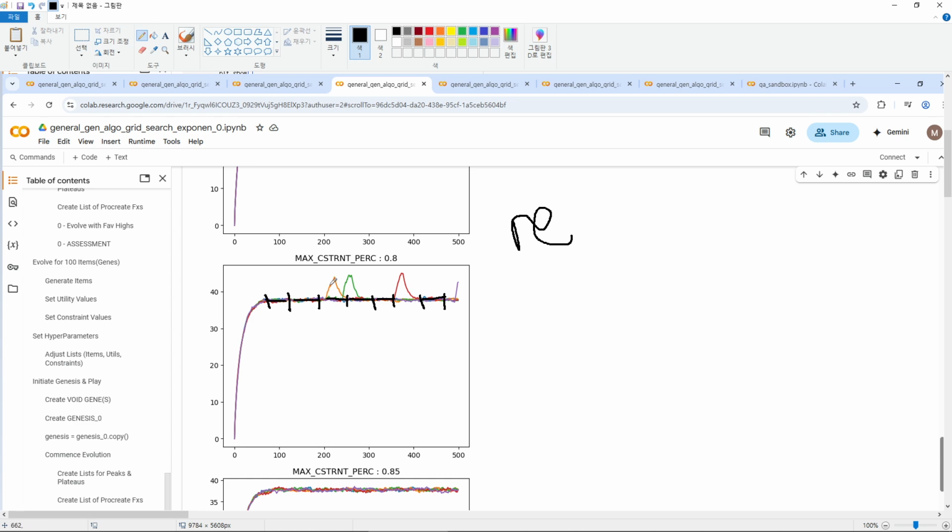For example, for the orange line, the average was slightly below 40, 39 or 38, let's say, and then it goes up and then comes back down to 38. And if this continues for some time, we'll just say this is the plateau.